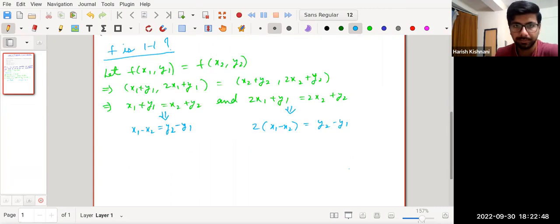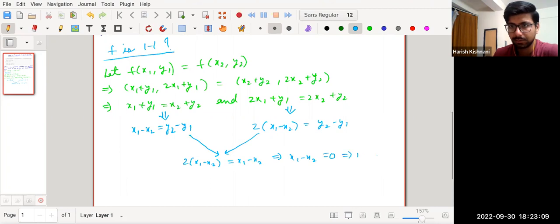When you combine them, this will give you 2(x1 minus x2) is the same as x1 minus x2, and that will tell you that x1 minus x2 is 0, and thus x1 is equal to x2.